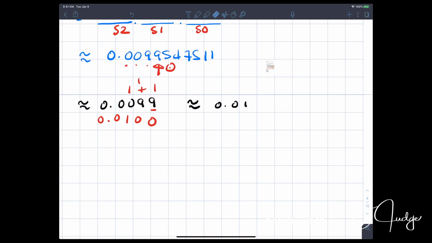So if you said, can I just write my answer as 0.01? Yes. Some people feel a lot more comfortable by adding the extra zeros, although they're not necessary. Those last 2 zeros, remember, you can put as many zeros as you want. It doesn't change the meaning of the decimal.